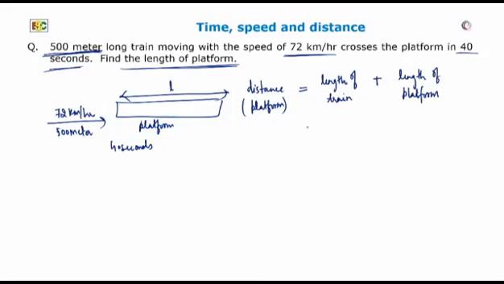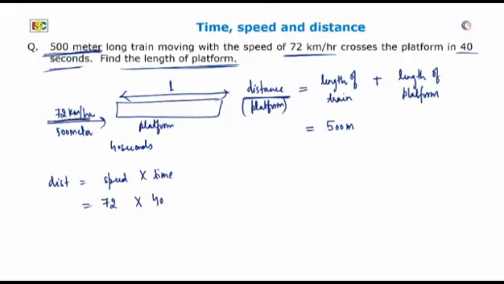Now the length of train is given in the question, that is 500 meter. And distance covered by train is equal to speed into time. Speed is given as 72 km per hour and time is 40 seconds.